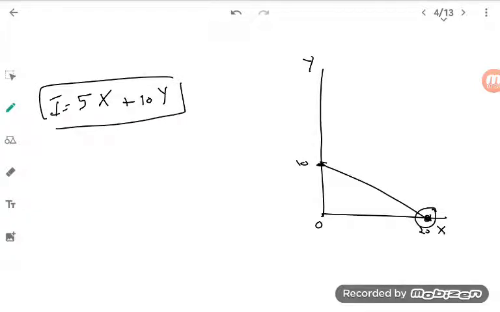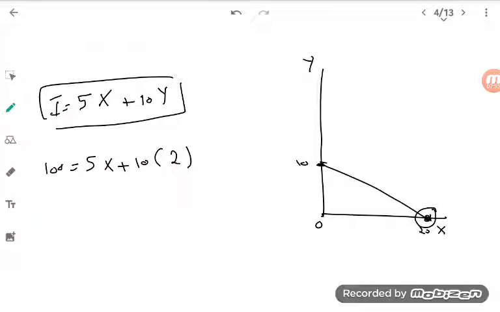If you substitute in the constraint using I, X and Y, given X you can find Y, and vice versa. So for example, 100 equals 5X plus 10 times, say, 2.